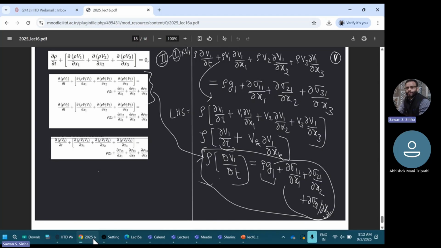S1 and S2, because these are both 1, 1, right? So contributions from S1 and S2. Then the second term will be del sigma 2,2 del x2, and the third will be del sigma 3,2 del x3. This will come from S5 and S6, and this will come from S3 and S4.